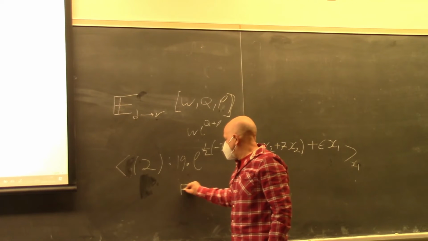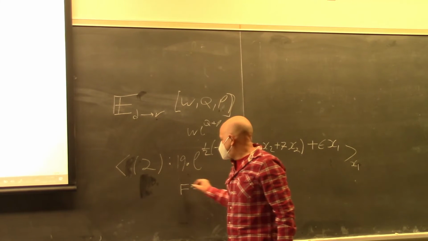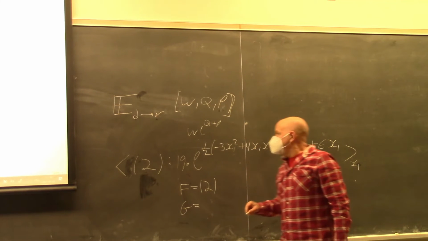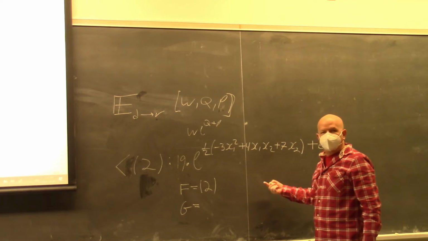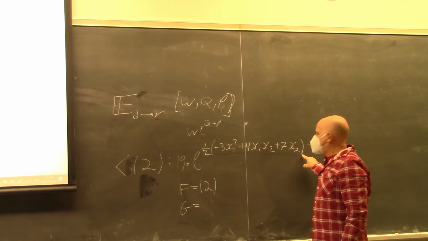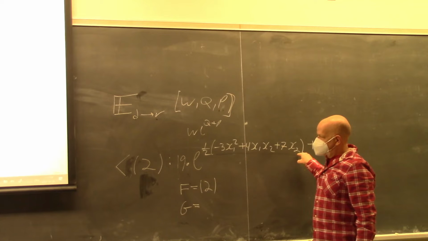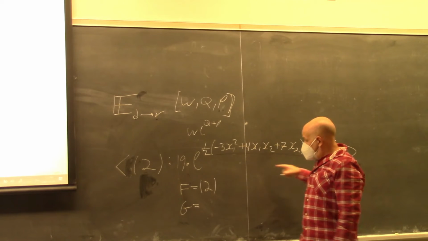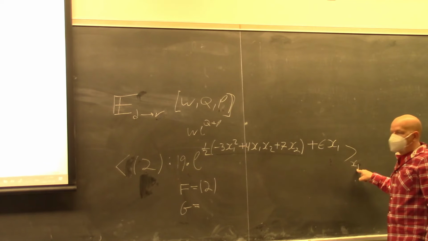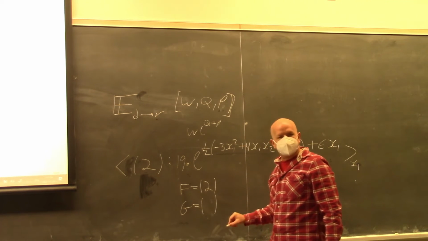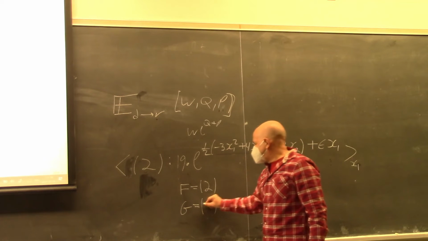The matrices will be F, which is this matrix, and G, which is the matrix of coefficients of the quadratic piece in the contracted function, but only with respect to the variables being contracted. So G is also a 1 by 1 matrix, and it's the matrix -3.